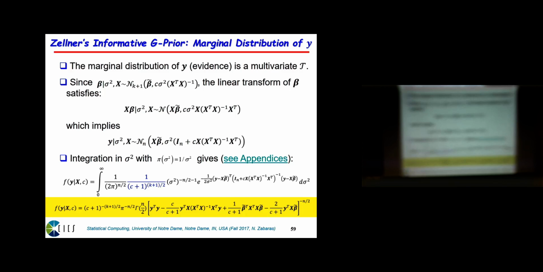It's a normalizing factor, and it's an integral of the likelihood times, and here we have to be very careful, the prior. So the normalizing factor is an integral over the parameter space of the likelihood times the prior.